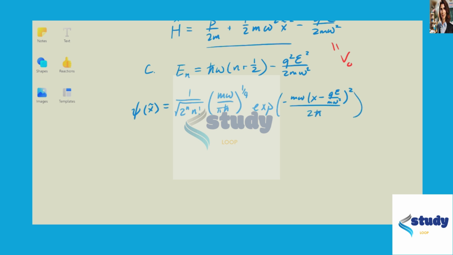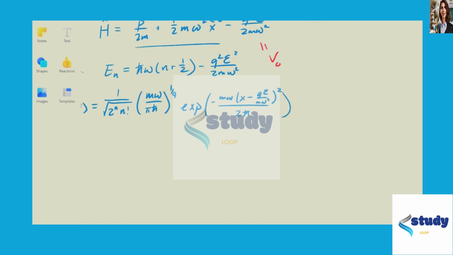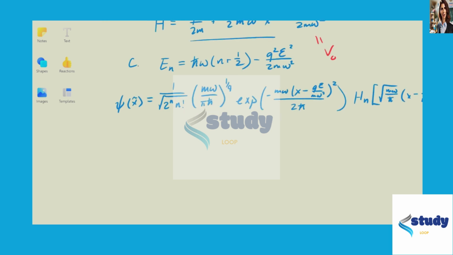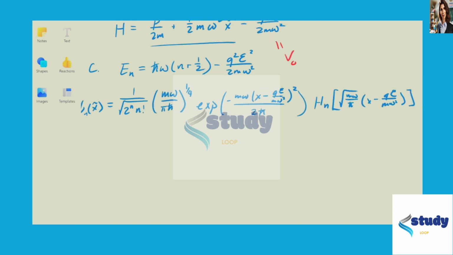And then this is multiplied by the nth Hermite polynomial, evaluated at the argument x minus QE over m omega squared. So this is the nth wave function. These are your new wave functions in this particular field in terms of the original coordinate x.